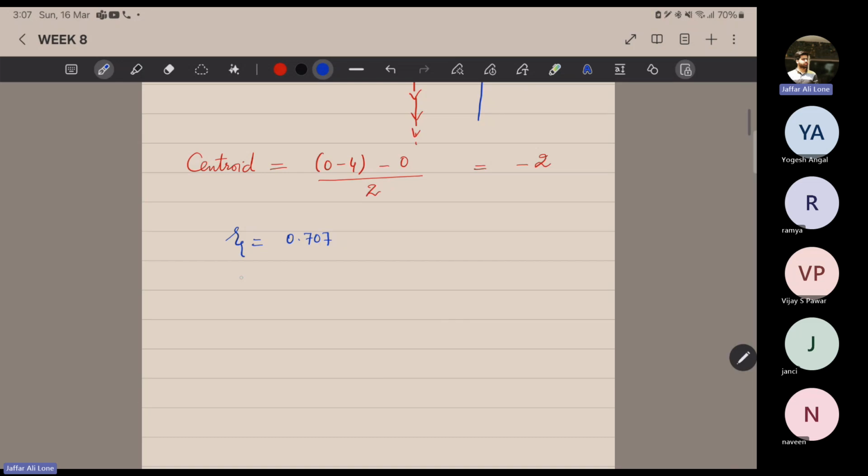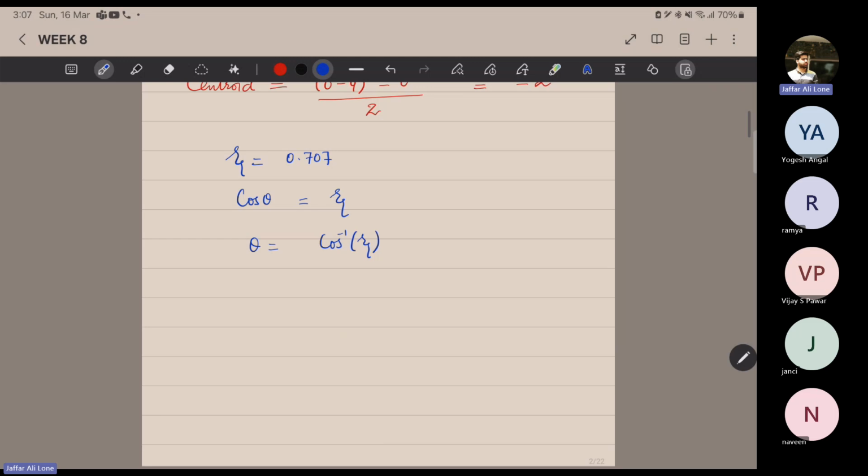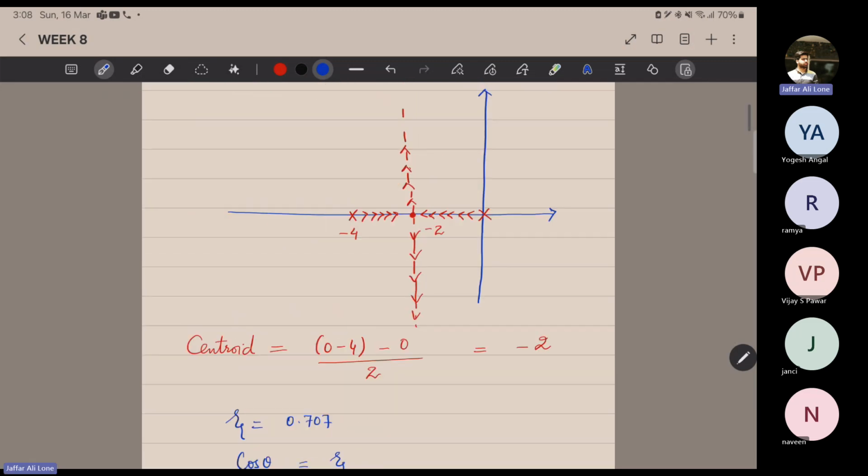So we know that cos of theta is equal to zeta. So theta will be cos inverse of zeta, and theta will be 45 degrees. What is this theta? This theta is the angle made with the origin.